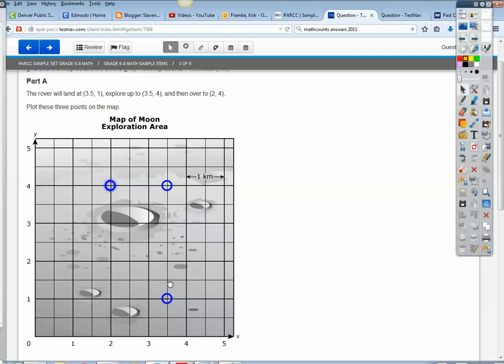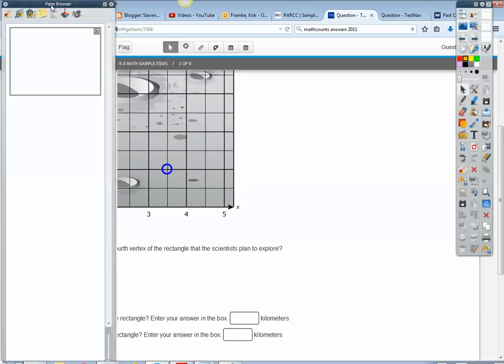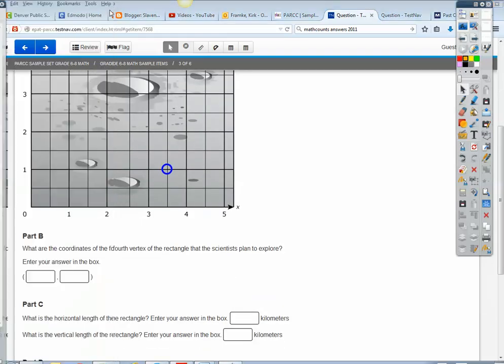And these boxes, well, if each box is a half, this 3 is only 1.5, right? And so then these 6 boxes represent a change of 3. So we have 1.5 and 3. What are the coordinates of the 4th vertex of the rectangle that the scientists planned to explore?